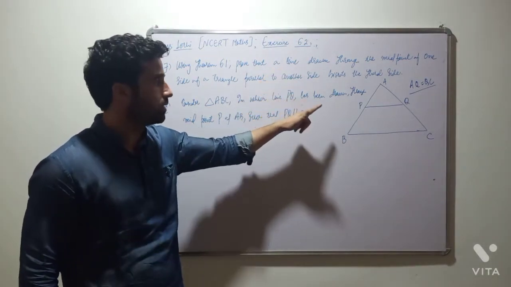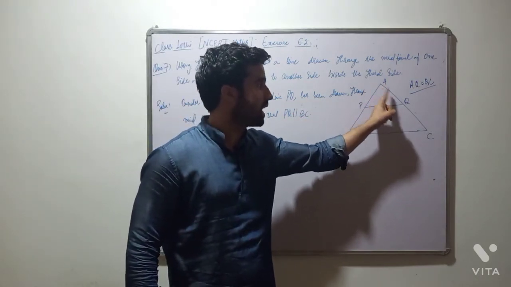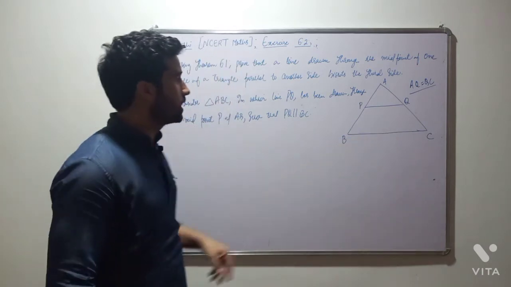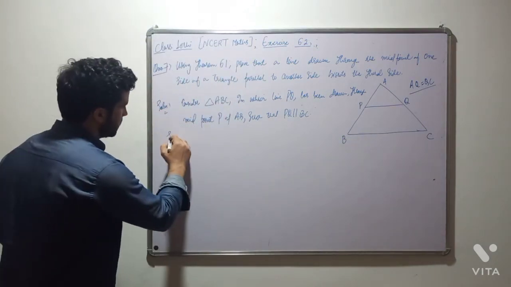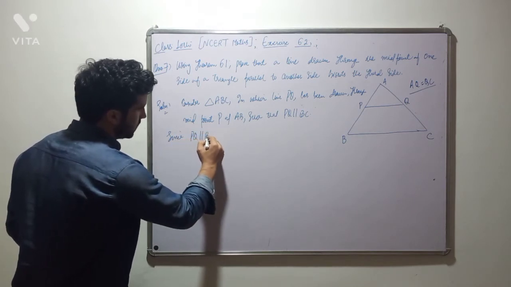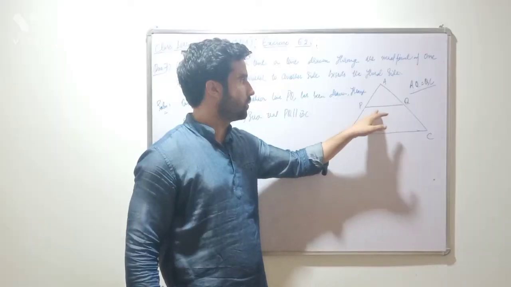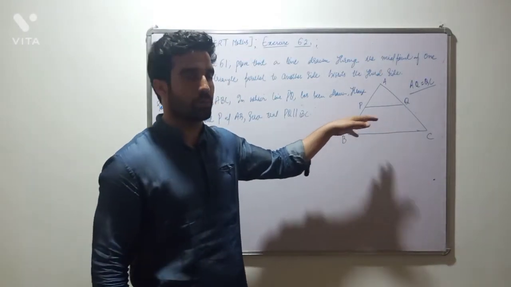Now we need to prove that this PQ bisects the third side, means PQ bisects the side AC here. For that, in the solution we will write: since PQ is parallel to BC, we may apply the basic proportionality theorem.